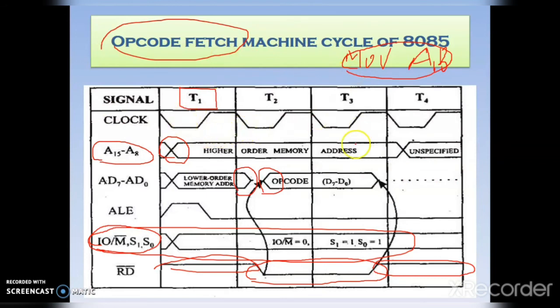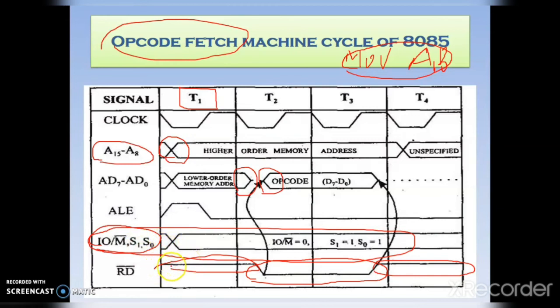Once again, let me explain the concept. In the T1 state, the higher order address bus is active at the beginning of the state, the lower order address bus and data bus are also activated at the beginning, the ALE signal is activated during the T1 state, and the status signal is activated at the beginning of this state.